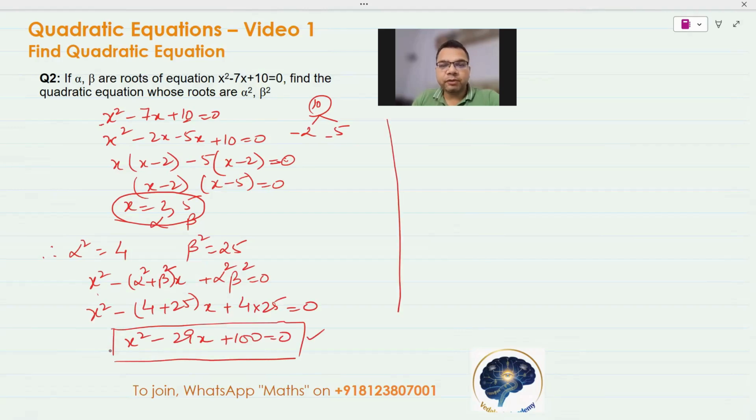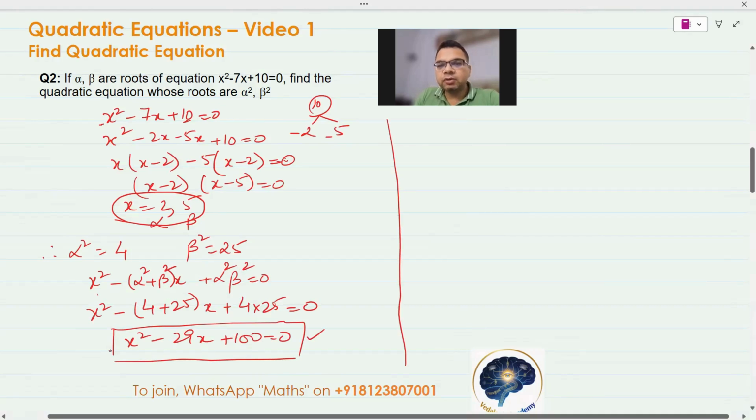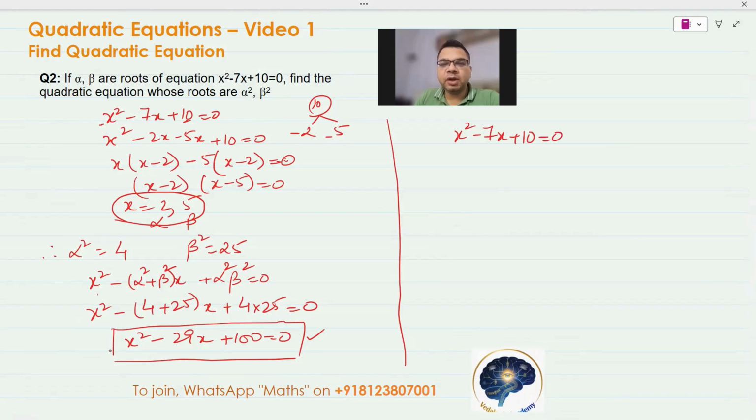If I create a section here, so we have x square minus 7x plus 10 equals to 0. So from here we know alpha plus beta is 7, because that's how we write the equation, right? X square minus of alpha plus beta into x plus alpha beta equal to 0.